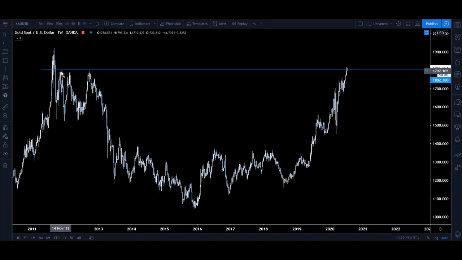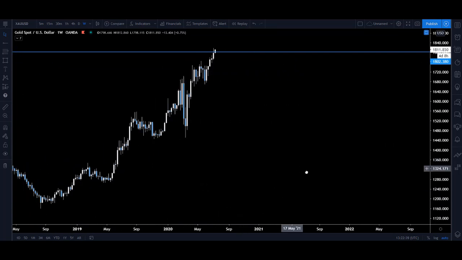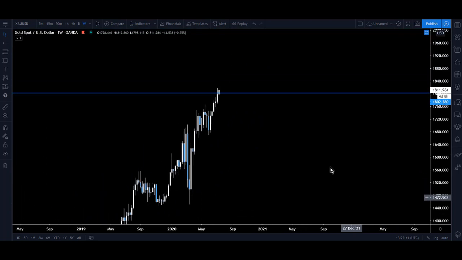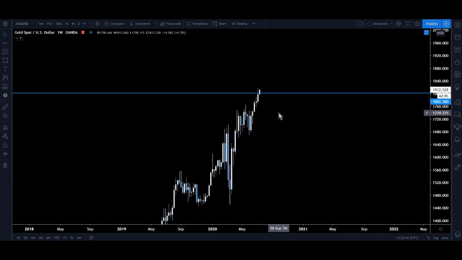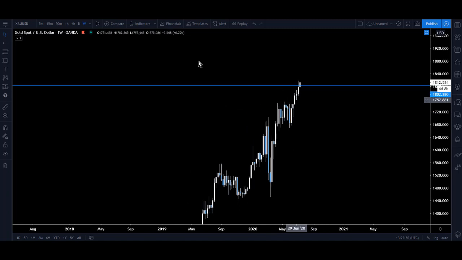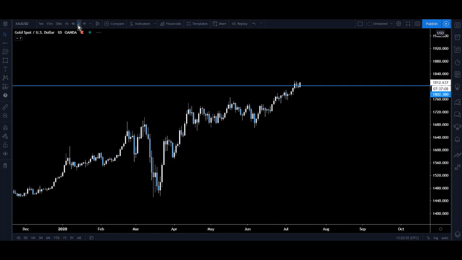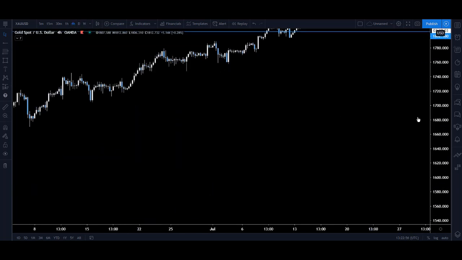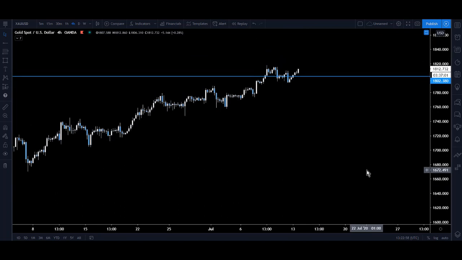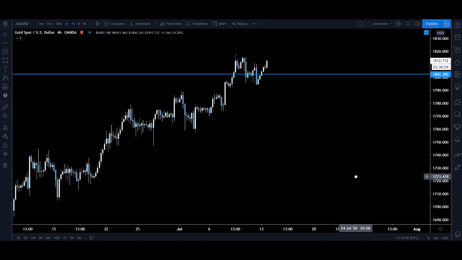That was roughly the high there. We are above that area at the moment where we were in 2011, 2012. But we'd be particularly interested in seeing if we could see some bearish price action, because it is such a big area. We're not seeing it at the moment though, so there is no short trade.